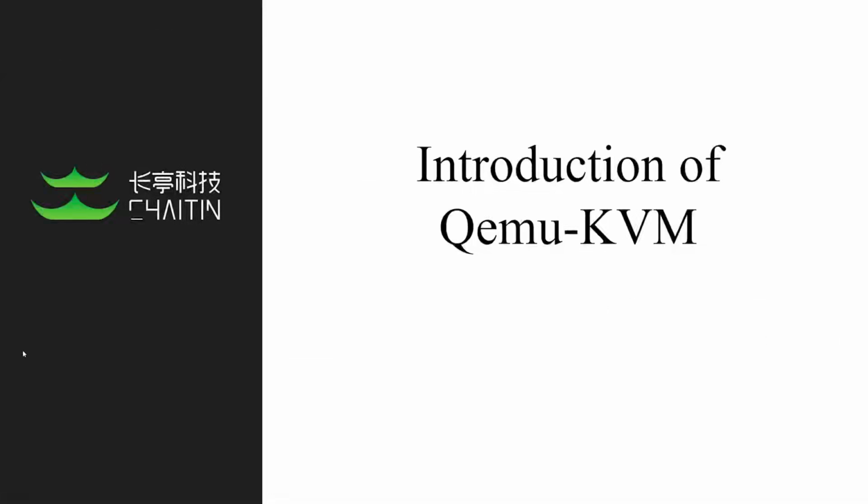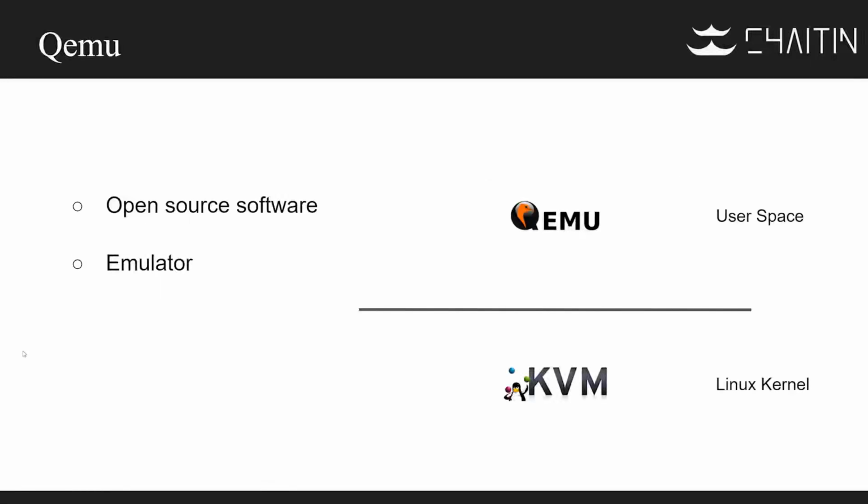Now, before we start on the vulnerability and exploit, let's see how QEMU KVM, the most popular public virtual machine, works. QEMU is an open source emulator. It's developed for emulating many old or new devices.